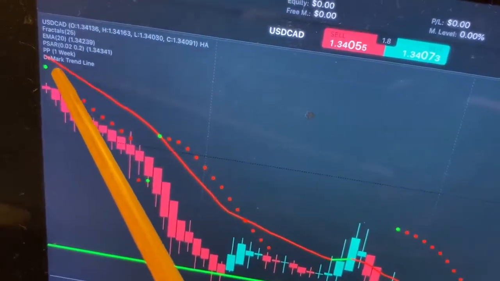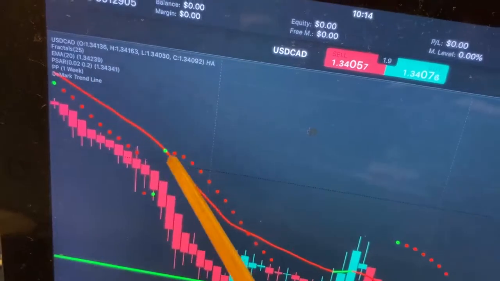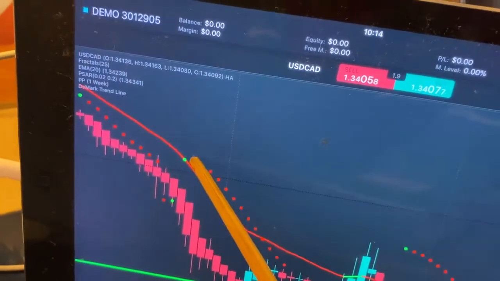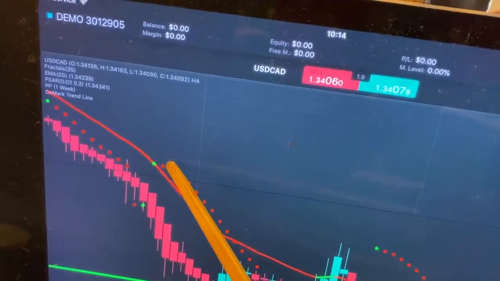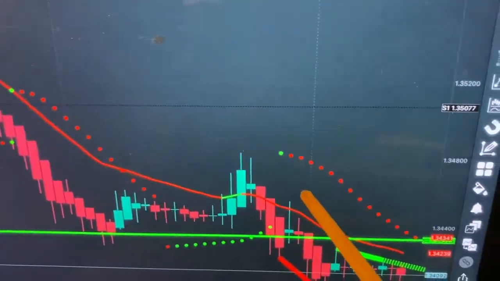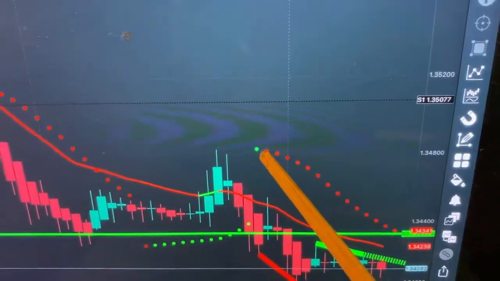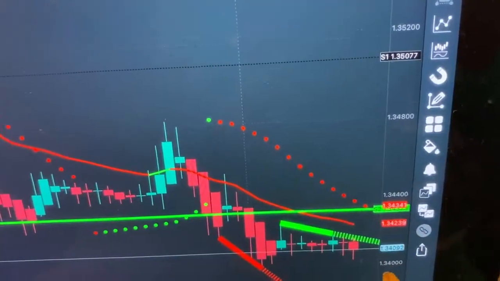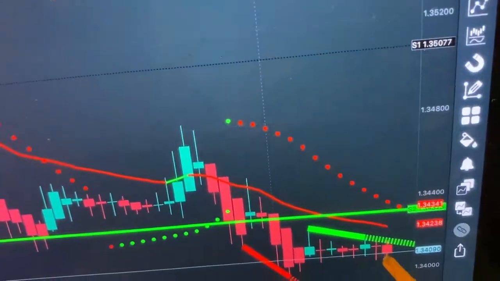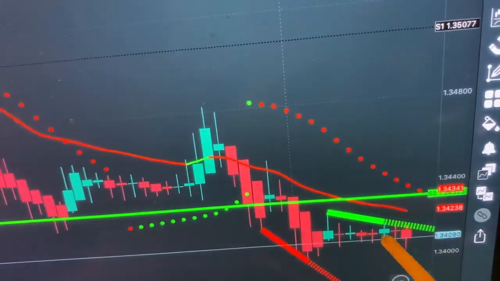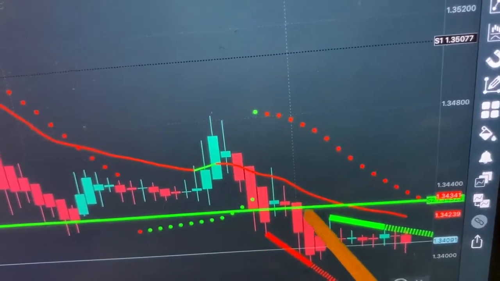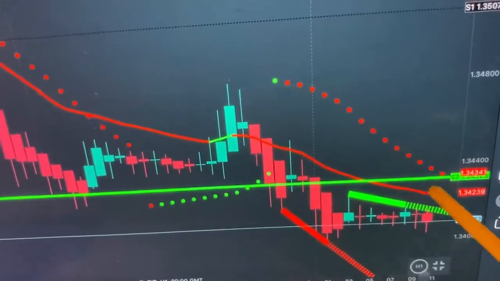above. The green above candlestick. Now you're going to wait. What are you waiting for? On a downtrend, you see that it broke this green here and it pulls back to the moving average.